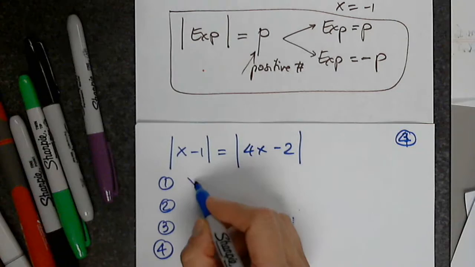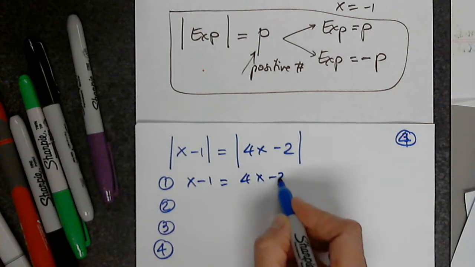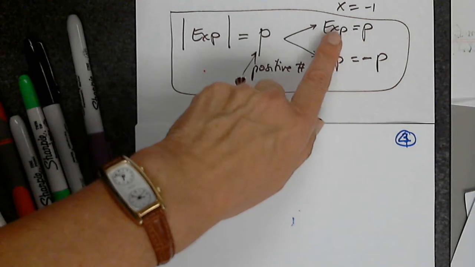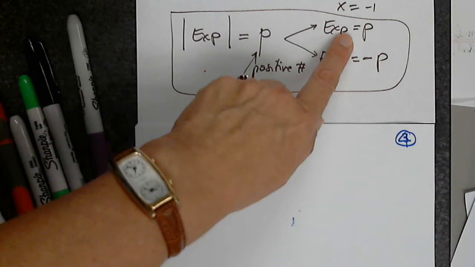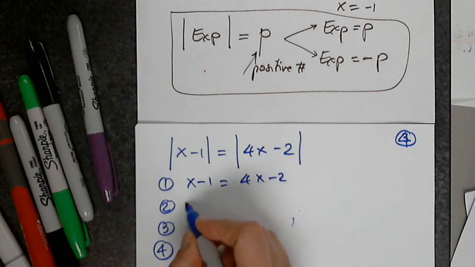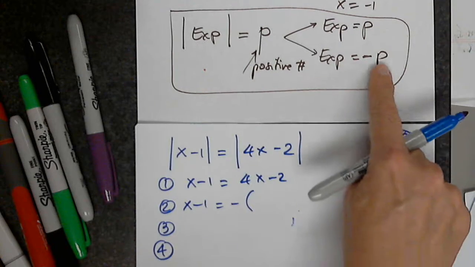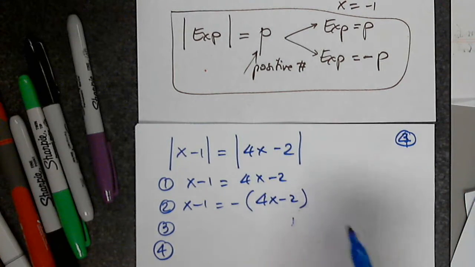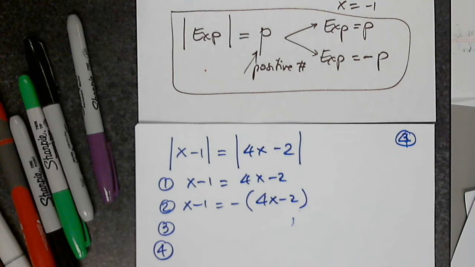Well, one possibility will be that x minus 1 equals 4x minus 2. The second possibility will be that x minus 1 equals the opposite of 4x minus 2. What are the other 2? What do you think?